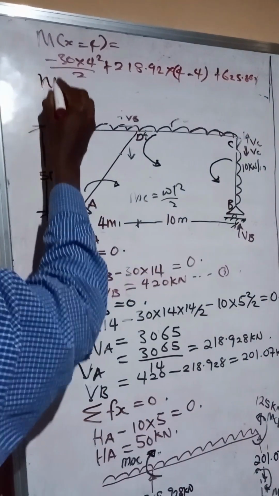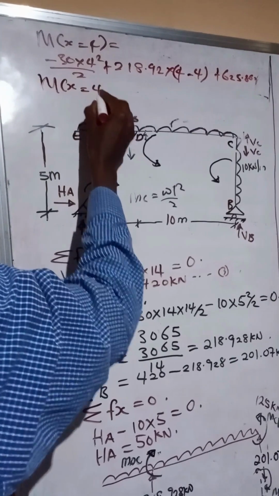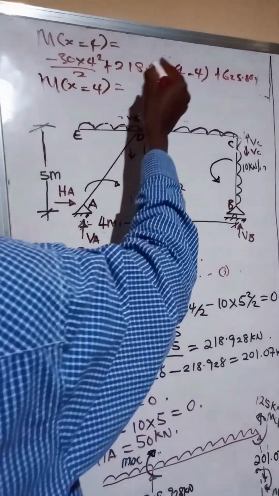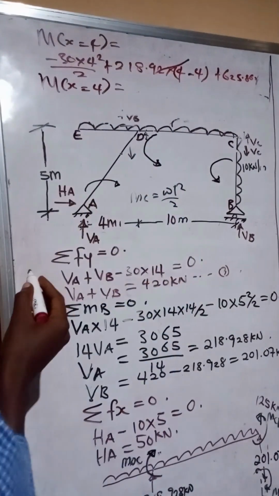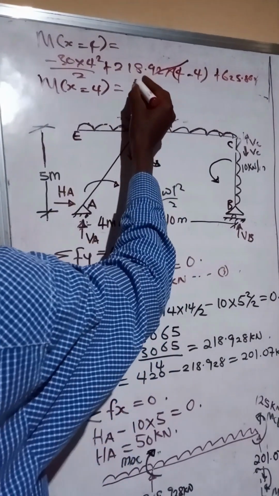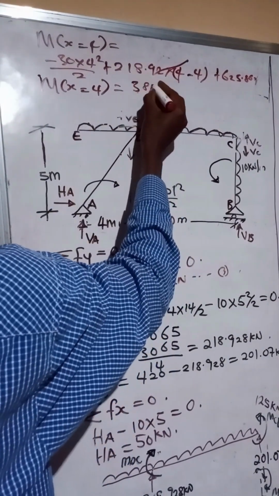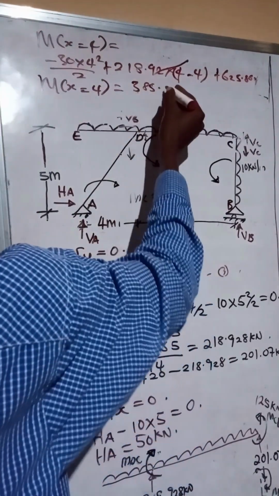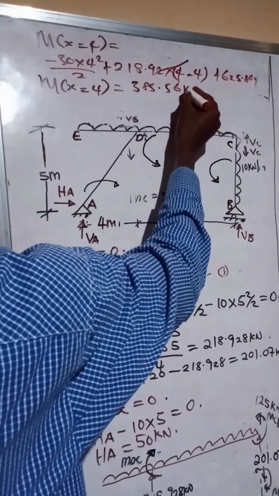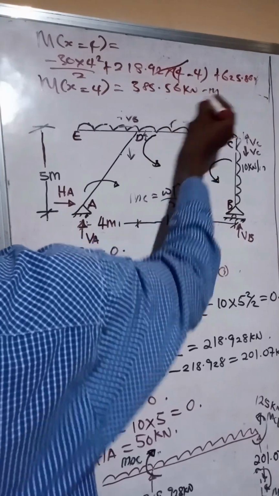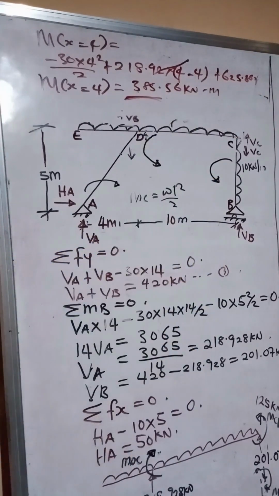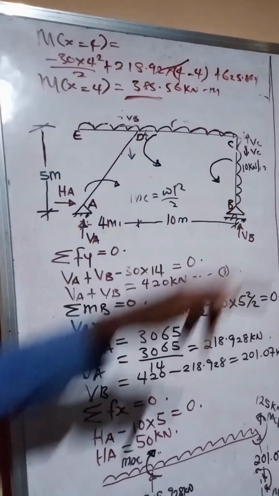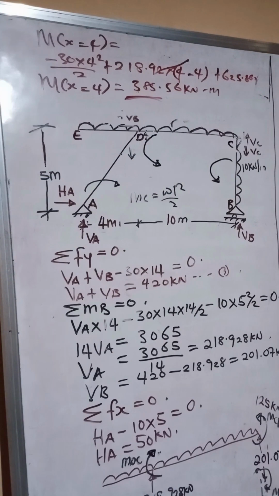So m of x when x is equal to 4 will give us, this will cancel out, become 0. So that will give us 385.56 kilonewton meters. So this becomes the moment at this point D due to member DC.